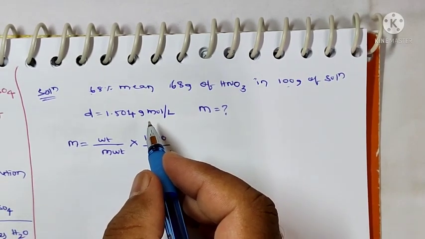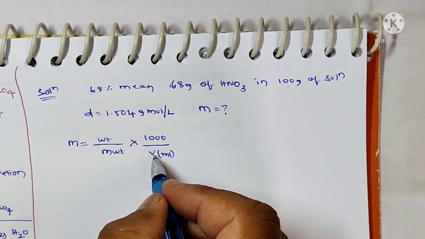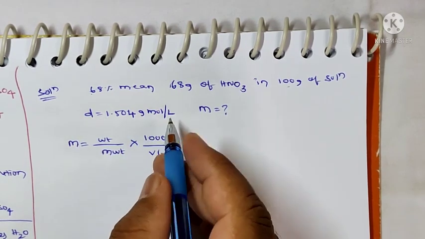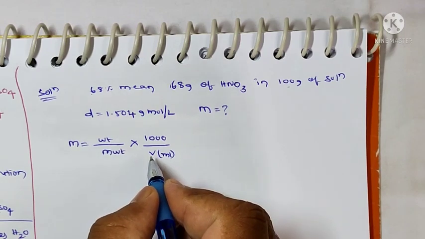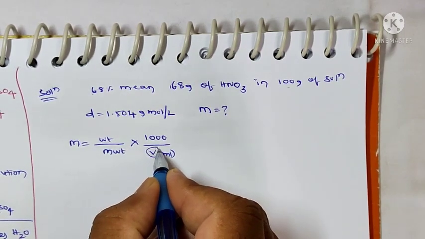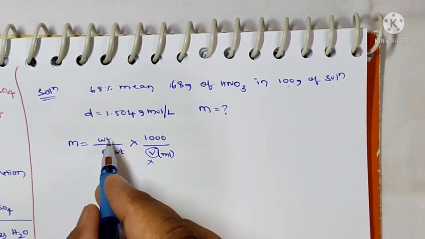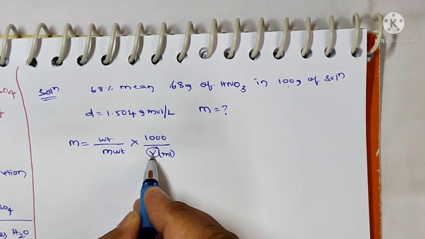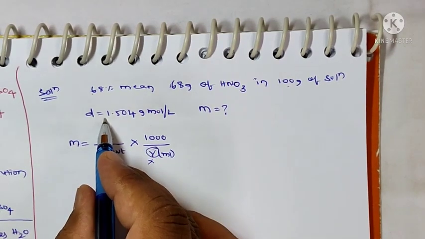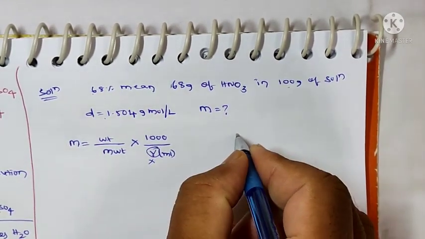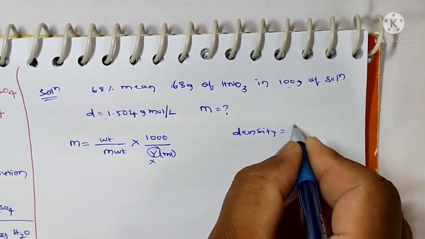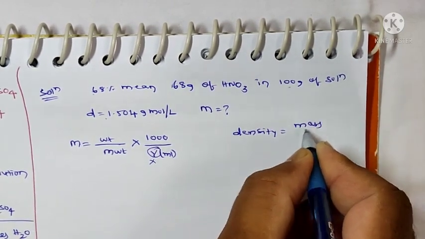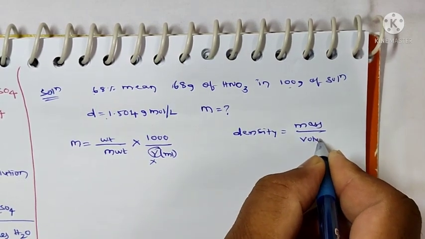In this formula, the volume is not given, but the density is given. We know that density is equal to mass by volume.